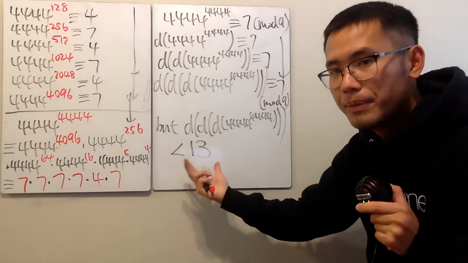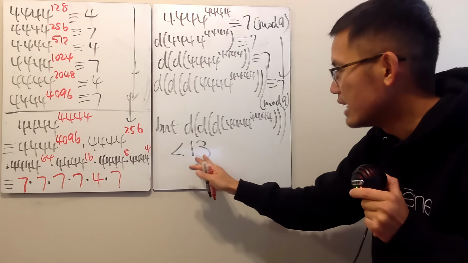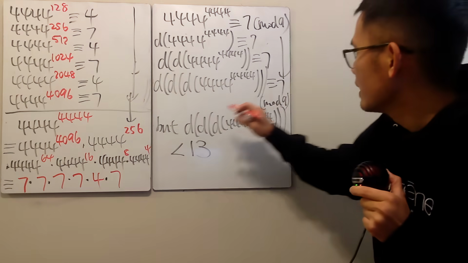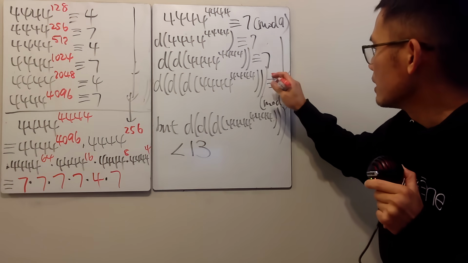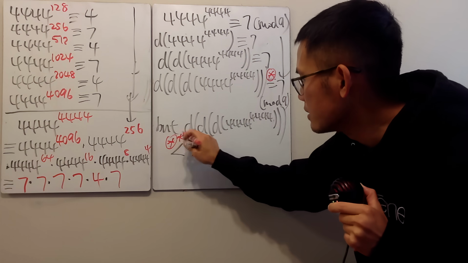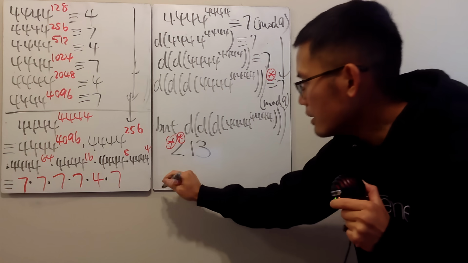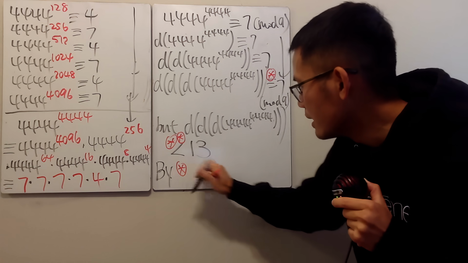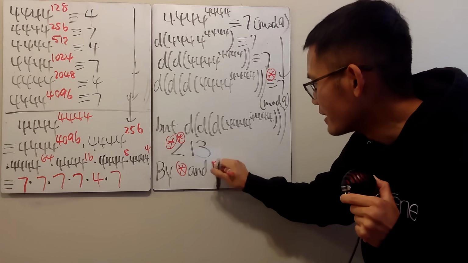And it has to be less than 13. So what does this mean? With this and that, I'll just put down star and star, star, right?